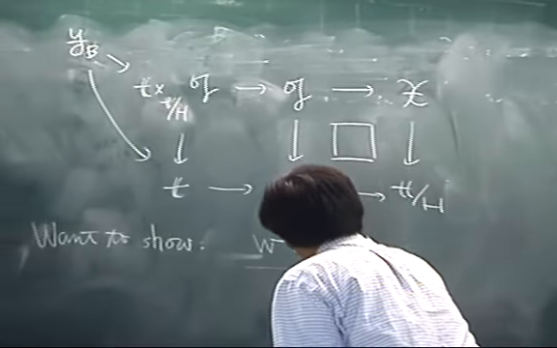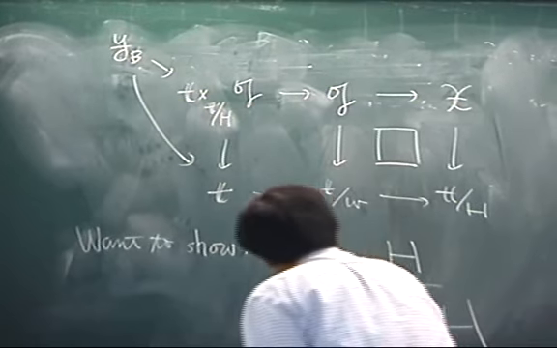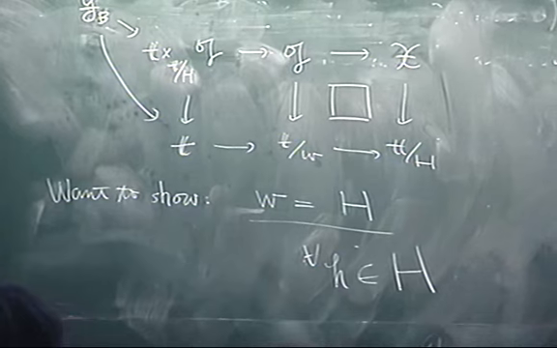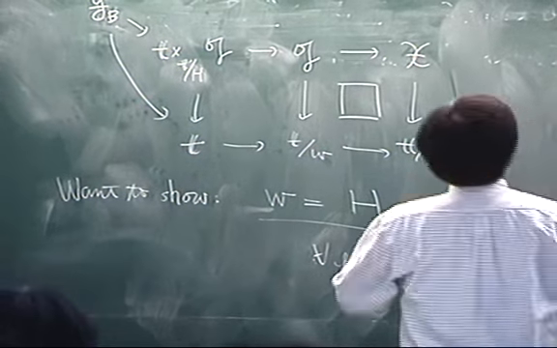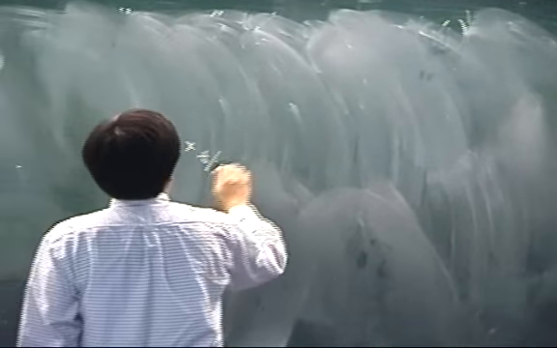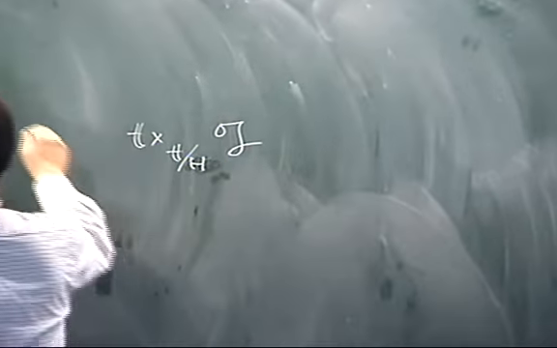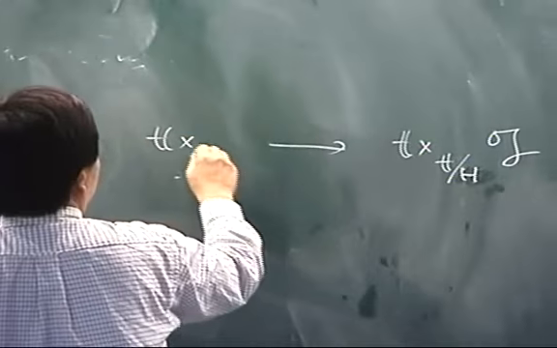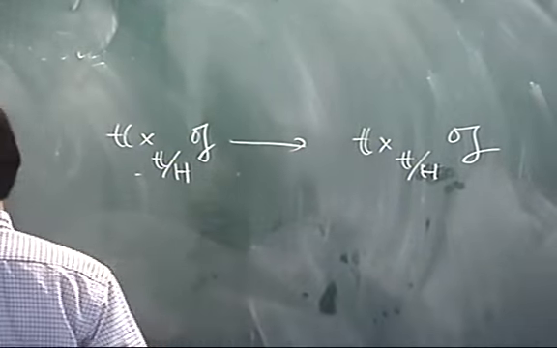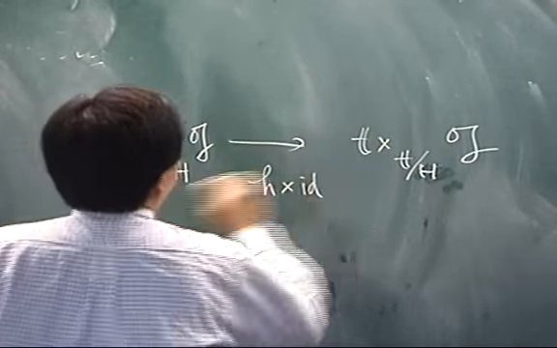So take an arbitrary element here, and pull back the family. I can take G to T times T mod H, and this is H times identity.